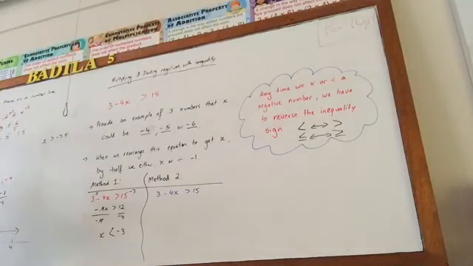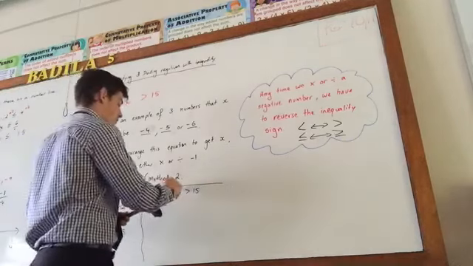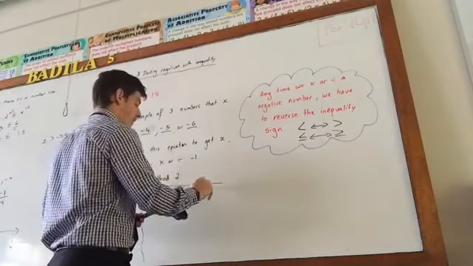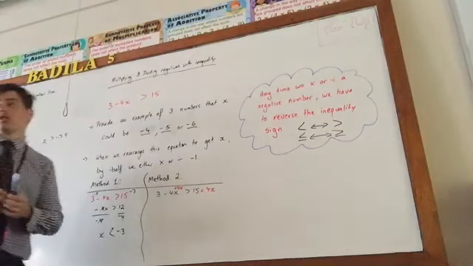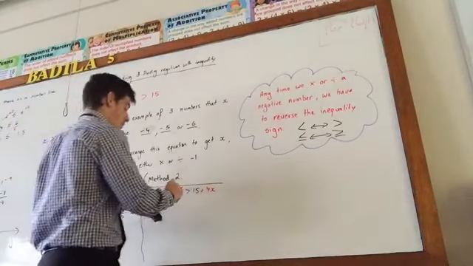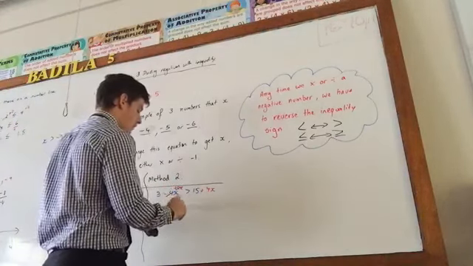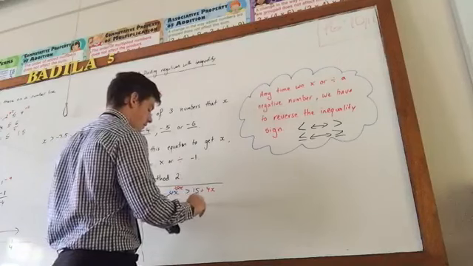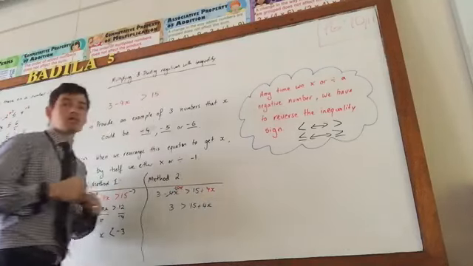How can I take 4x to the other side in my first line of working? Aaron, I can add 4x to both sides. Do I have to do anything with the inequality sign? Am I multiplying or dividing by a negative? So the inequality stays the same, and I'm left with 3 is greater than 15 plus 4x.